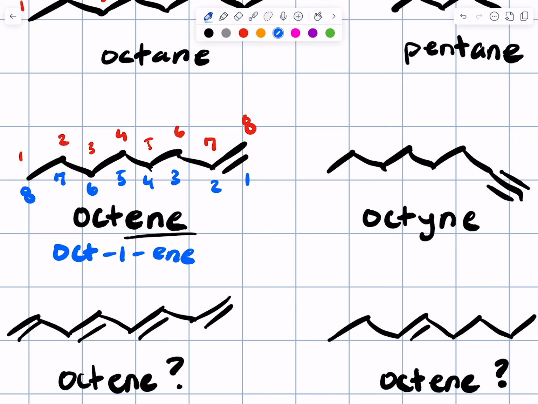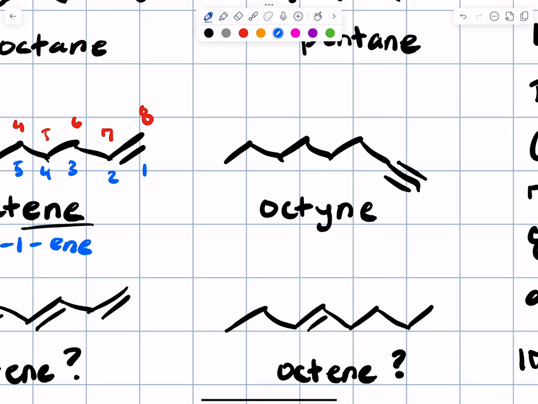Now I don't need to say oct-1,2-ene because it's connecting two carbons that are next to each other. It has to be that way. So I don't need to specify the 2 anywhere, so this would just become oct-1-ene. Now the same thing over here. I would number this 1, 2, 3, 4, 5, 6, 7, 8, turning this into oct-1-ine.